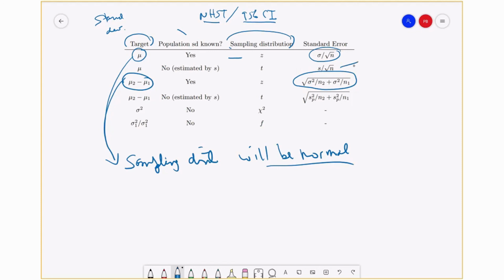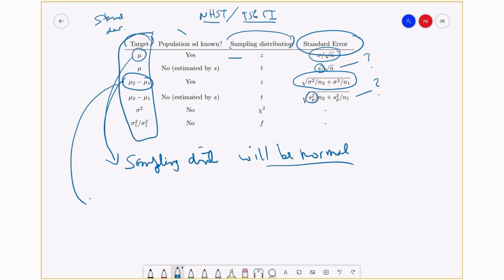How about these guys here? Well, they're not exactly normal, but they're essentially normal. They're based on a normal. The only difference is that because we've substituted S for sigma, that requires us to use a t-distribution rather than a z-distribution, but essentially these are normal distributions, and so as a consequence, we can think of them as having standard errors.